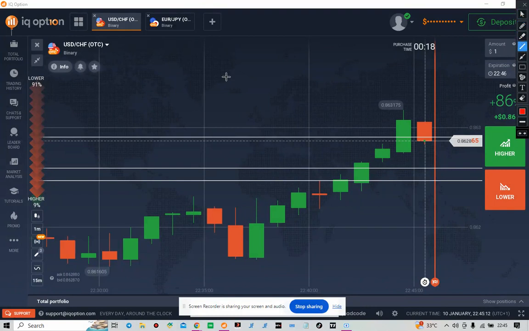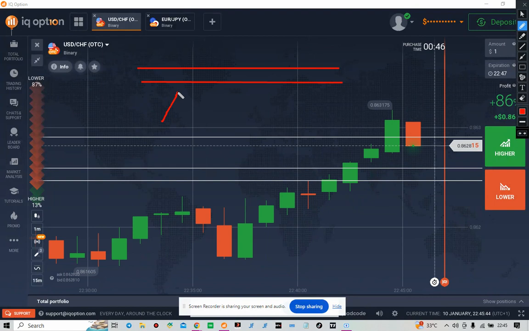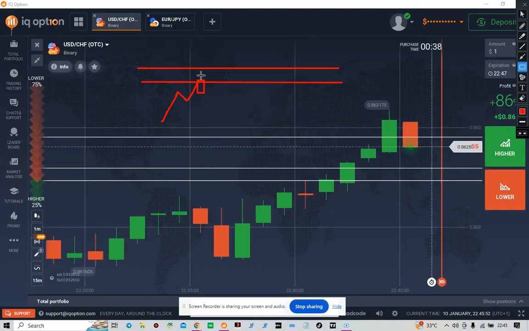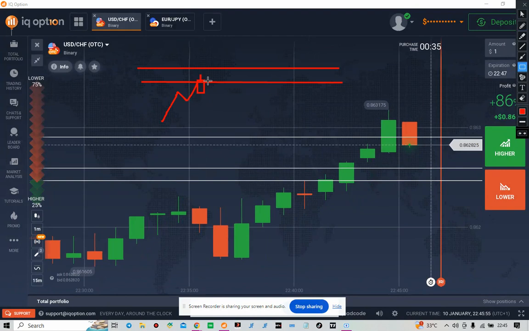What I mean by gap is that we have a resistance area like this, and some price moving toward that resistance. The market reaches the resistance and closes inside it. The next candle is supposed to reverse to the downside, right?